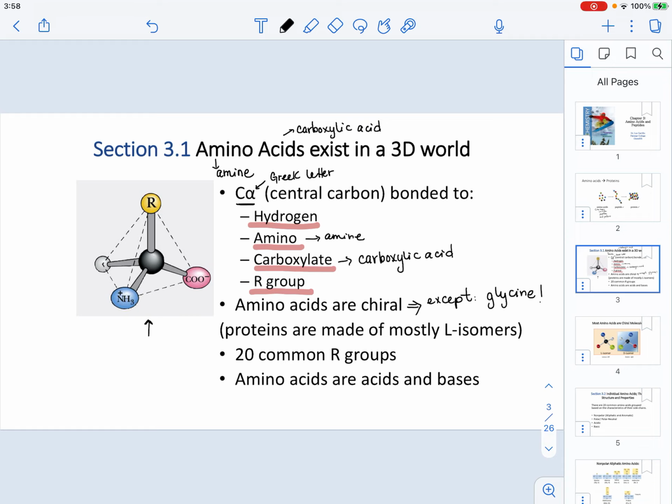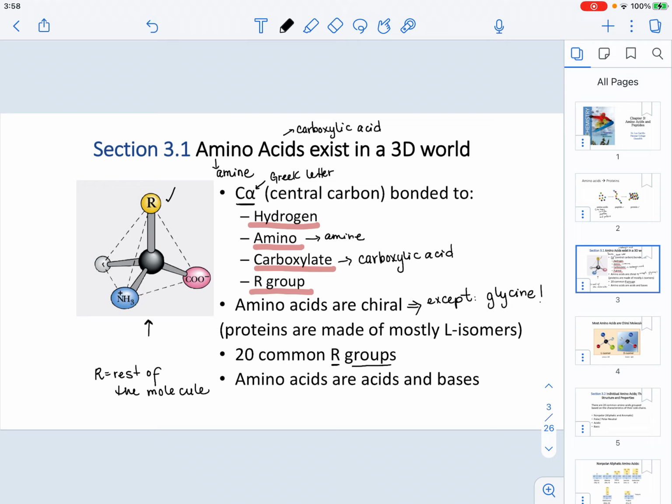Now, what is the difference between the amino acids? These R groups. And R, remember, that is just an abbreviation for the rest of the molecule. So, each one of the amino acids is different from one another because of the R group that they contain.